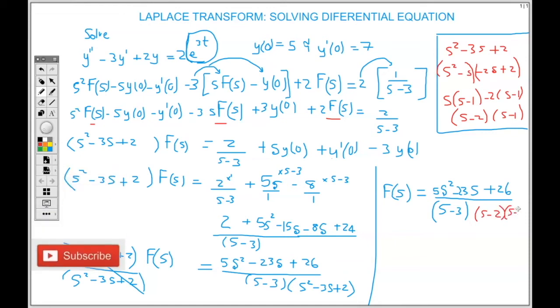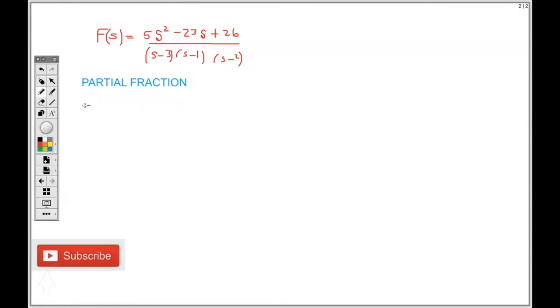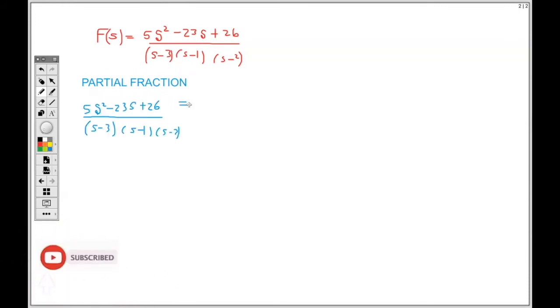Now we'll be using partial fractions to separate this. So expressing this as a partial fraction, we will have a all over s minus 3 plus b all over s minus 1 plus c all over s minus 2.